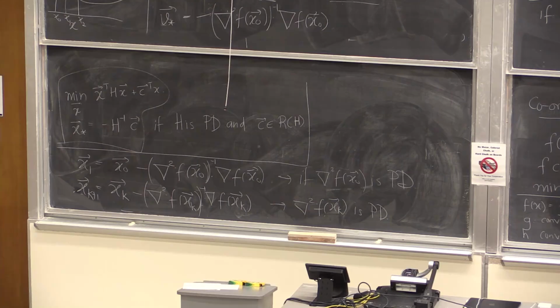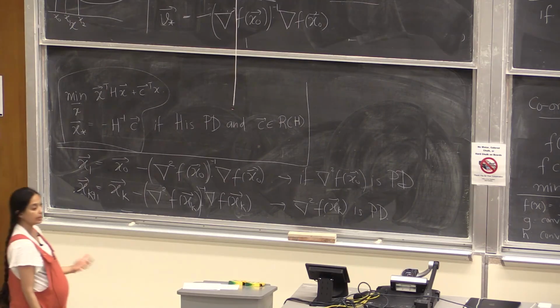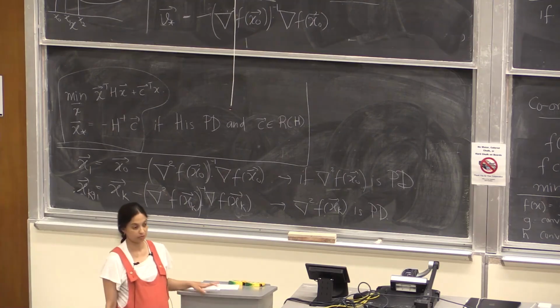Yes, question? How do we make sure the conditions are met, in the sense that how do we know that the Hessian is invertible? And also the gradient and range. So if I have an invertible matrix, then every vector is in its range, right? Yeah. So the one thing I have to check always is that I need to make sure that the Hessian is always invertible.